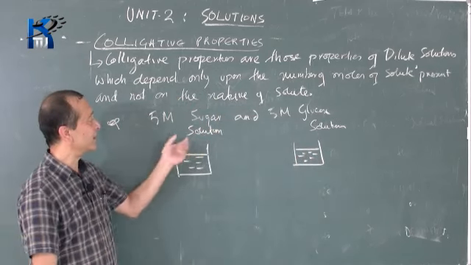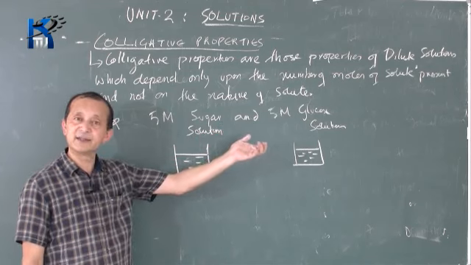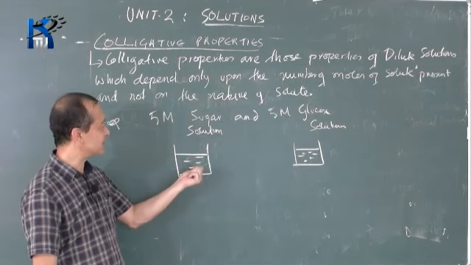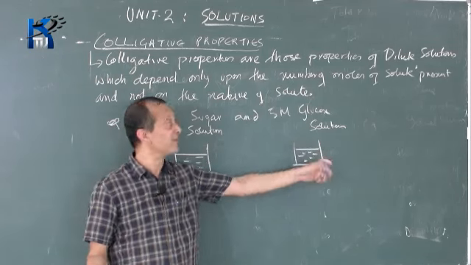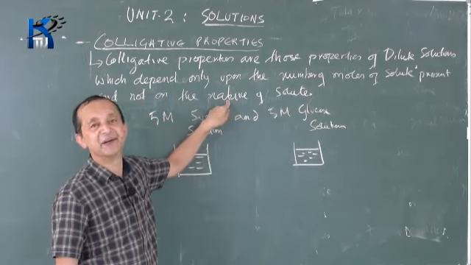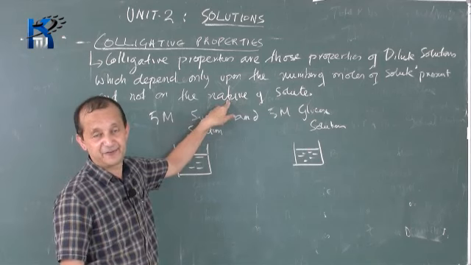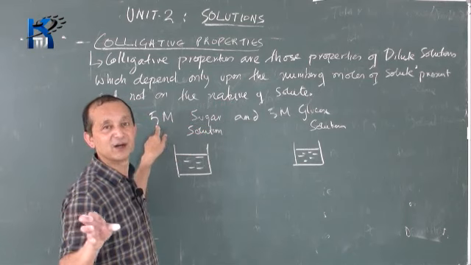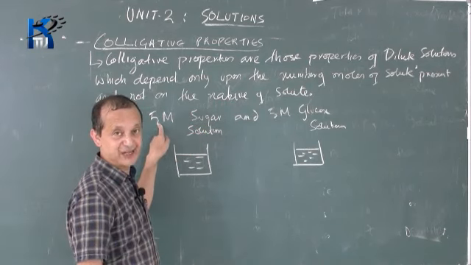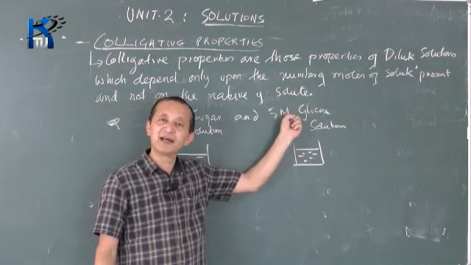Both are different because one contains sugar and the other contains glucose. They are two different compounds, their nature is different. But they have the same number of moles: 5 moles per liter here, and 5 moles per liter here.